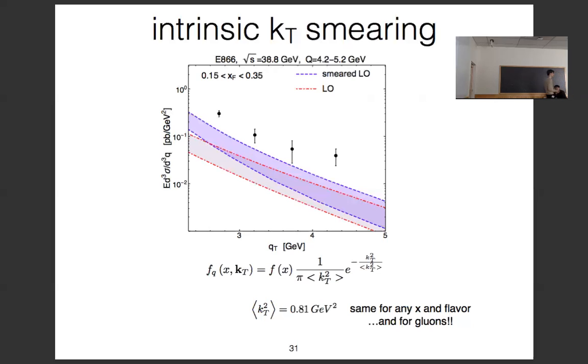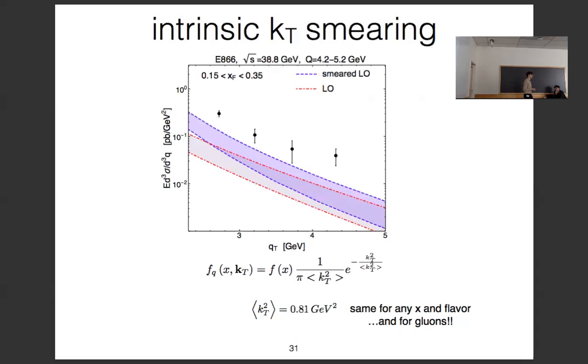I mean, you try to quantify the dependence on this upper cut, but if I understand correctly, you try to quantify it with an ad hoc assumption. Yeah, so here the idea is to estimate, let's say, an upper bound of what this smearing could be.